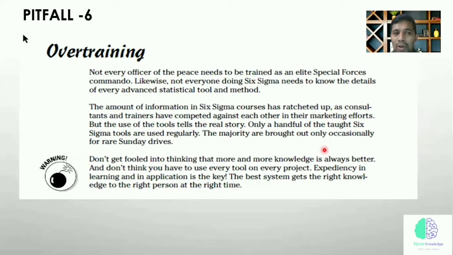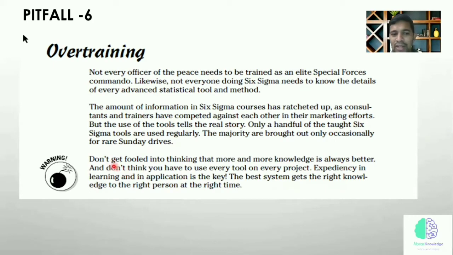Pitfall number six, overtraining, is also a mistake we need to avoid. Not every officer of the pace needs to be trained as an elite special forces commando. Likewise, not everyone doing Six Sigma needs to know the details of every advanced statistical tool and method.